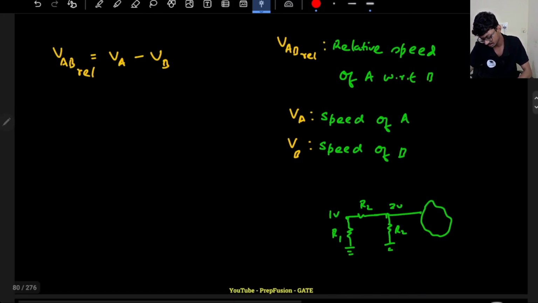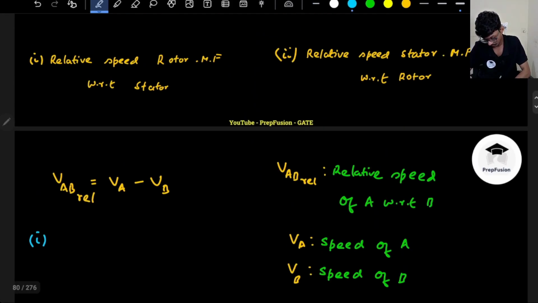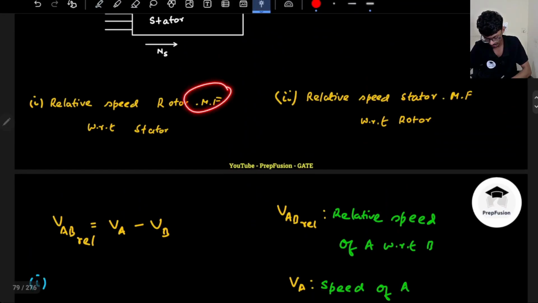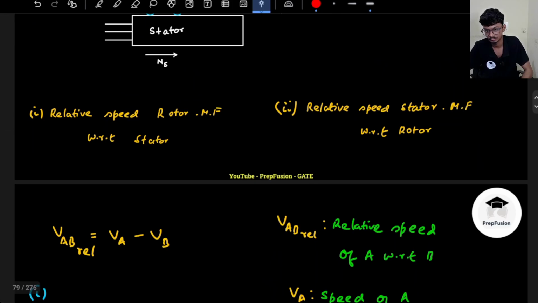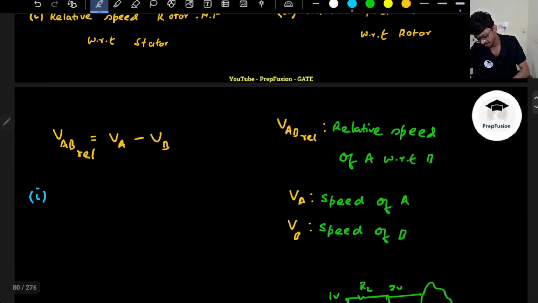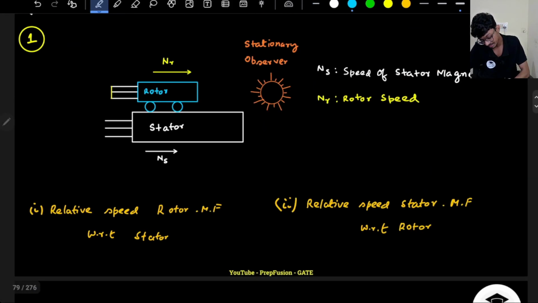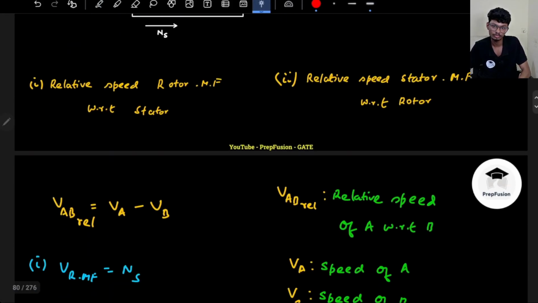In the first case, they are asking for the relative speed of the rotor magnetic field with respect to the stator. What is the speed of the rotor magnetic field with respect to a stationary object? It is ns, because magnetic locking happens. What is the speed of the stator with respect to a stationary object?